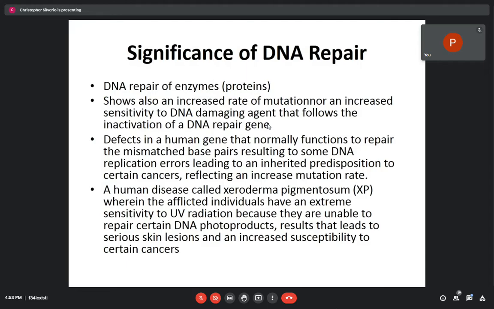It also shows an increased rate of mutation and an increased sensitivity to DNA damaging agents that follows the inactivation of DNA repair genes.